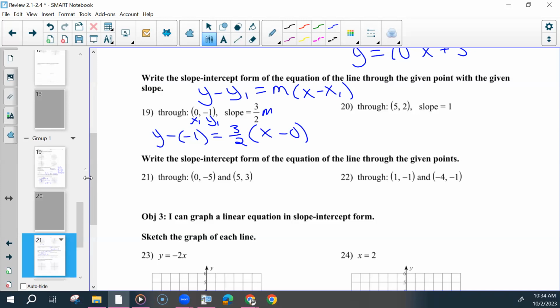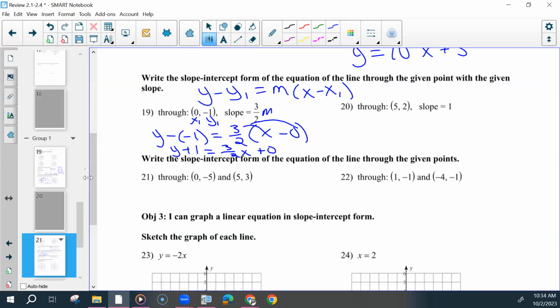Now, some of you may have already made this a plus, but you have to make it a plus before you do anything else. We can also distribute this at the same time. You have 3/2x. This would just become 0. You can put the plus 0, you don't need it, it's up to you. But the last step is to get y by itself.